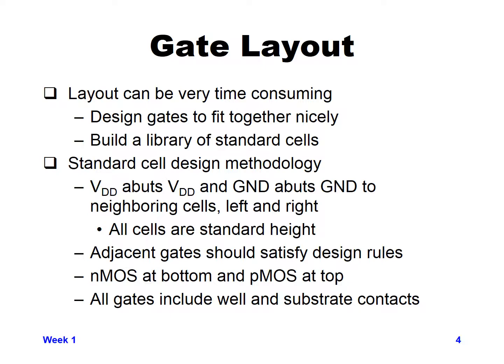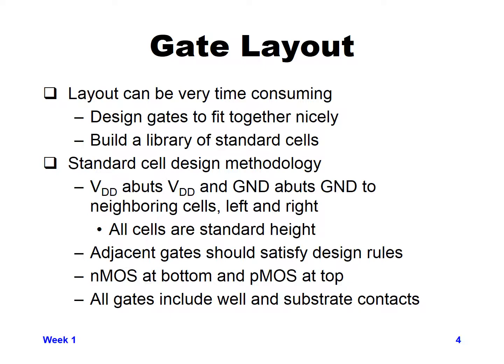So with that in mind, as we're designing all of our layout, you want to design each individual gate so that it fits nicely together with the gates that are going to be going next to it. So typically what we do in IC design for a given process technology, whether it's Intel or TSMC or Global Foundries, to actually have a design fabricated for a given process technology at a given company, what you'll try to do is build a library of standard cells.